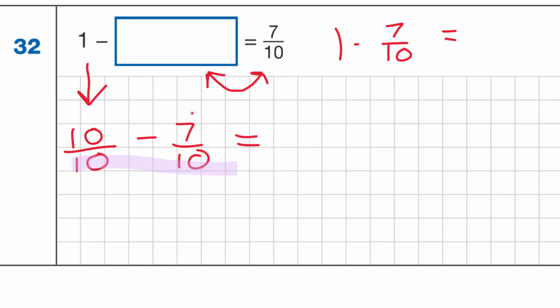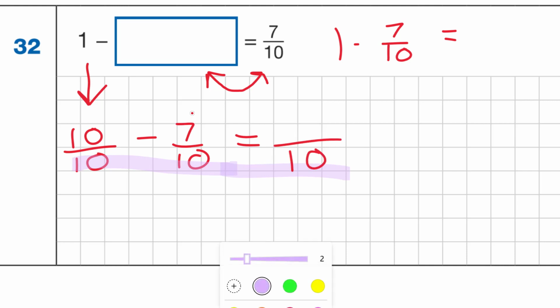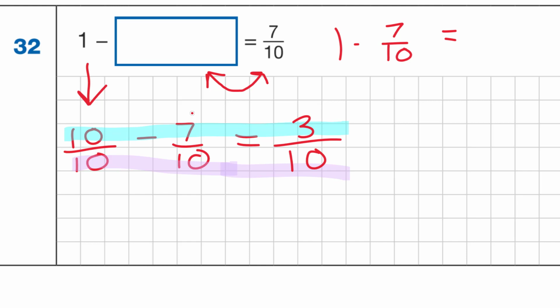Once we've got denominators the same, we know that our answer is going to have the same denominator. And then if we look at our numerators, 10 take away 7, very simple, it's 3. So 1 take away 3/10 makes 7/10.